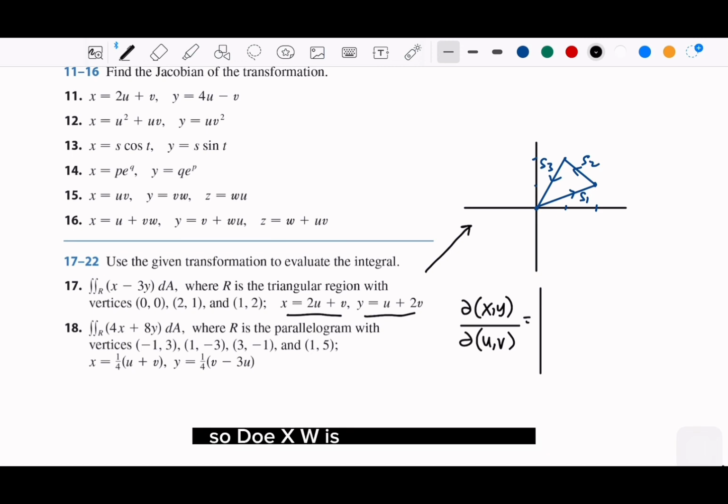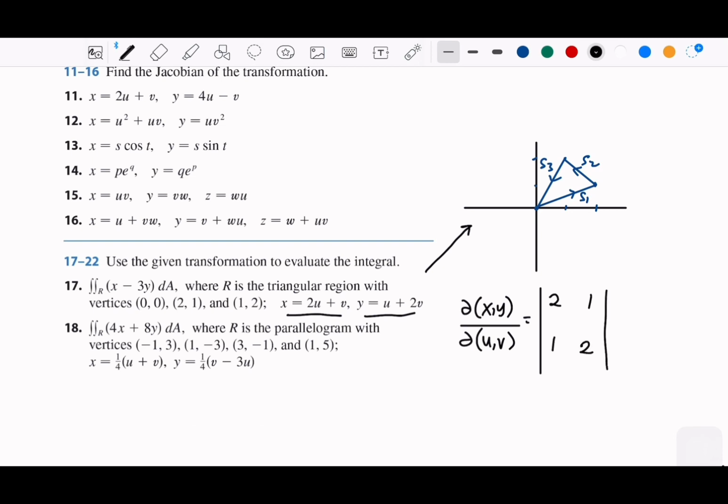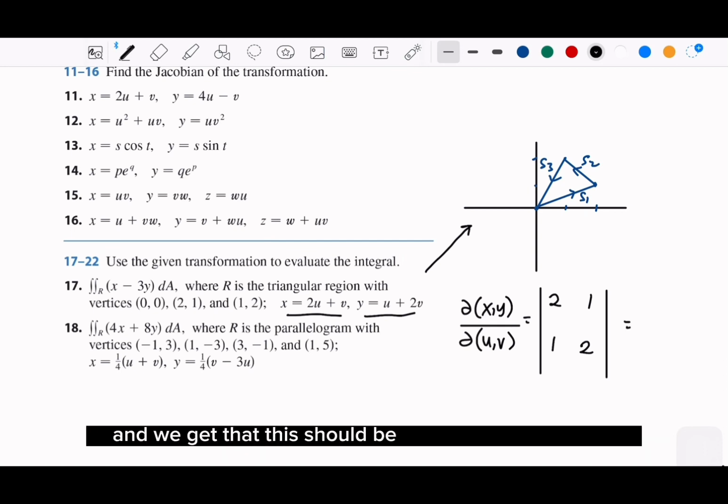So dou x dou u is 2, dou x dou v is 1, dou y dou u is 1, dou y dou v is 2. And we get that this should be 3. The Jacobian is 3.